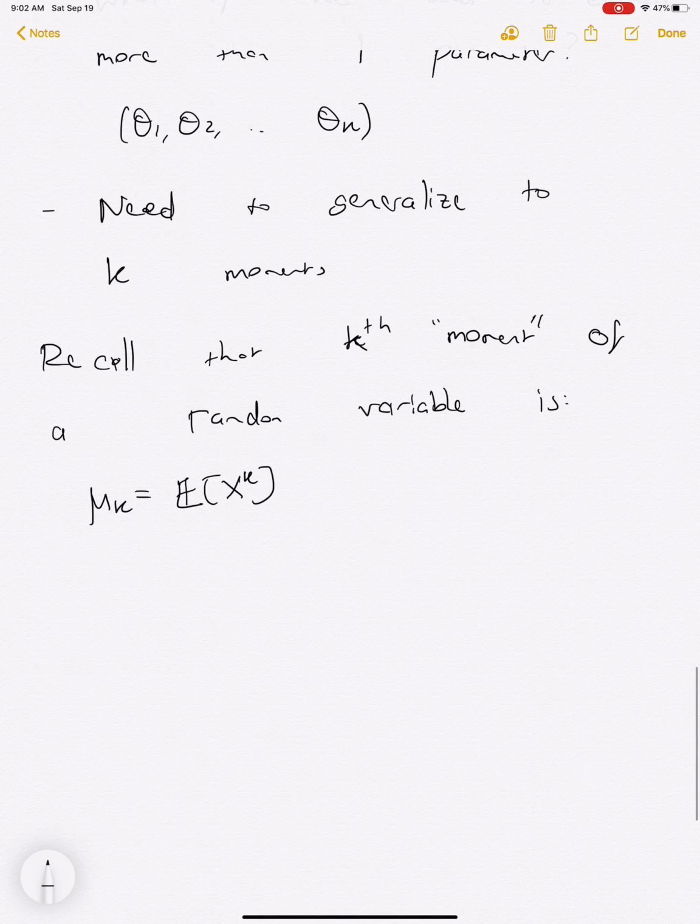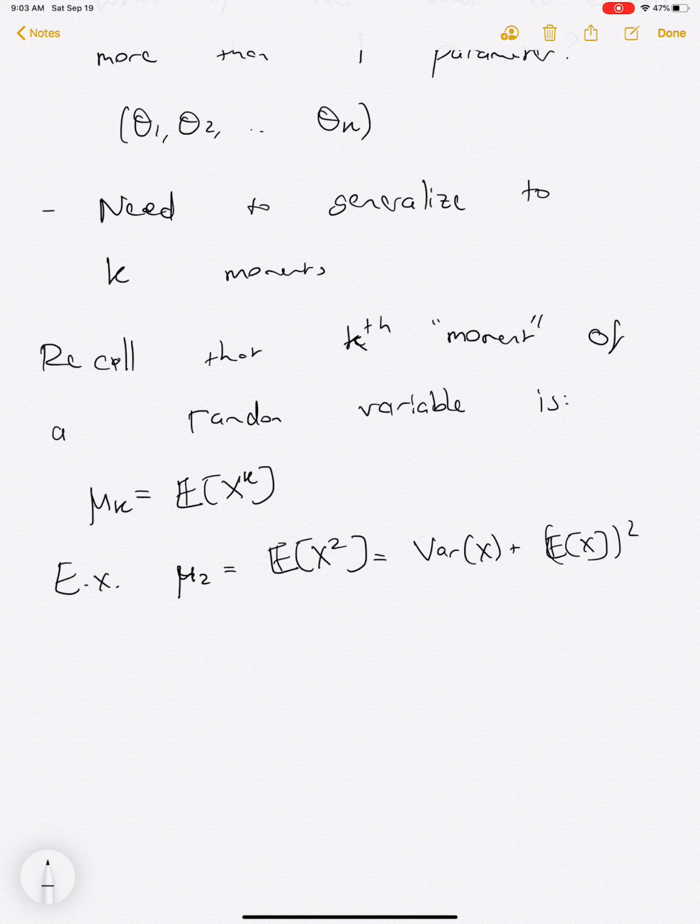So for example, mu 2 is E of X squared, and that is equal to the variance of X plus E of X, the mean, squared. So you can think about that as being sigma squared plus mu squared.